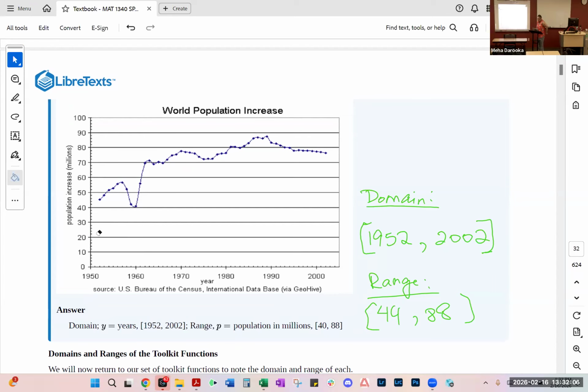And then for the population in millions, your textbook has 40, I'm sorry, to 88. So yeah, definitely a little bit off of where I placed the lines. And I just also realized what other error I made. And that was, again, not looking at the end of the line, but the lowest value, right? So that would be where 40 would be at.